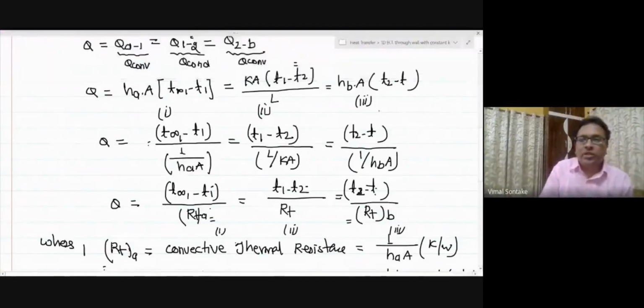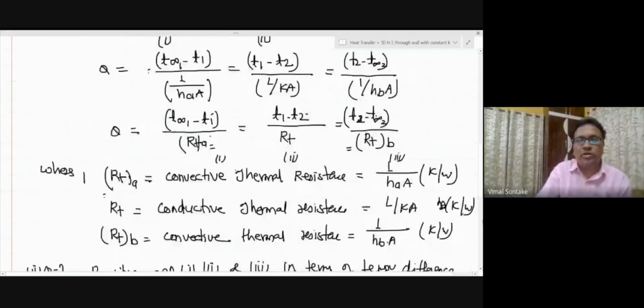This is actually T2 minus T infinity 2 everywhere. T infinity 2, T infinity 2. So here also it will be T infinity 2.